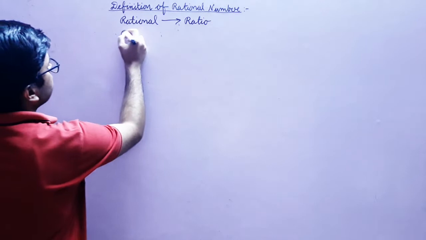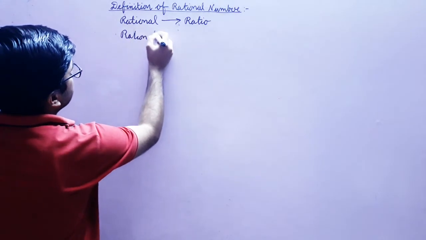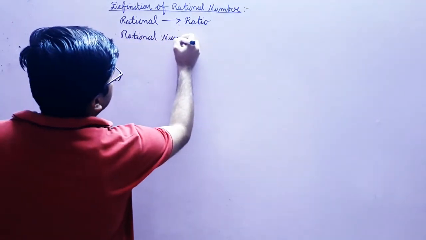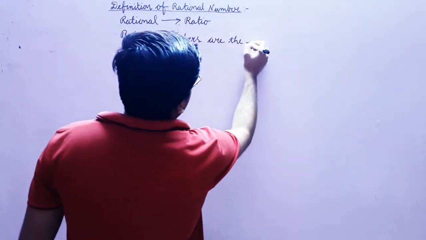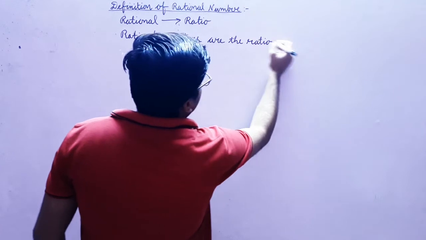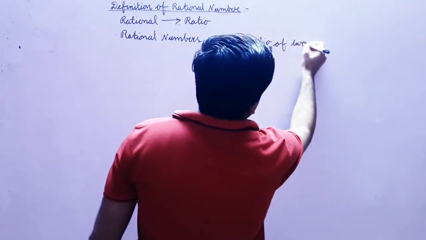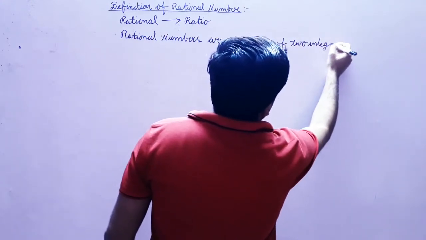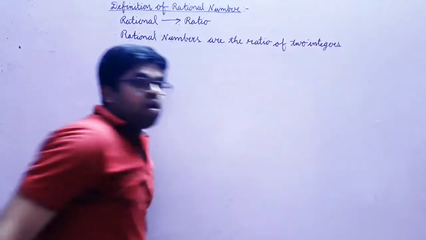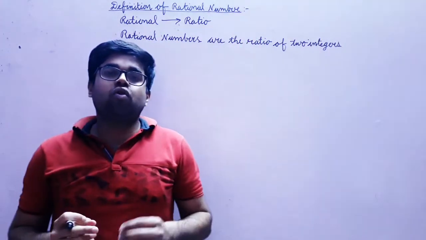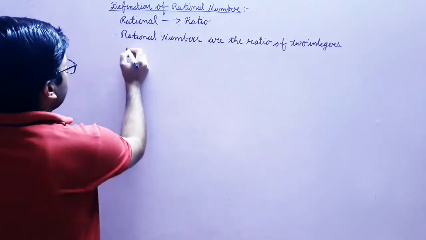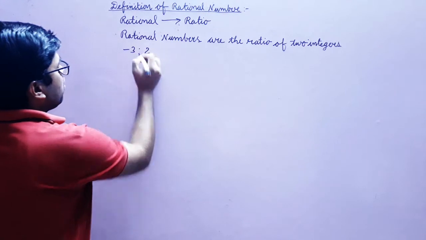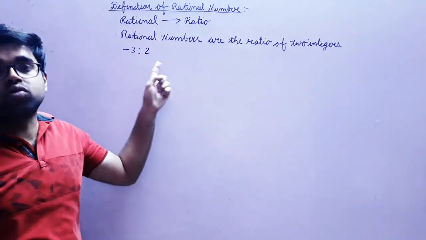For example, if we take the ratio of the integers minus 3 and 2, we get the ratio minus 3 is to 2.